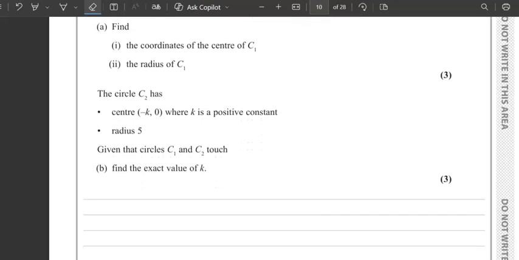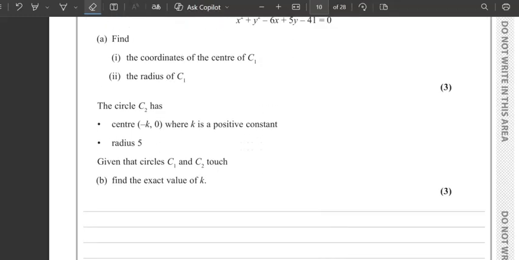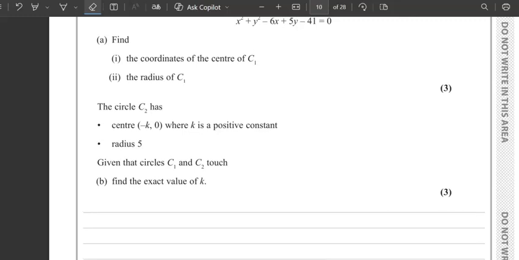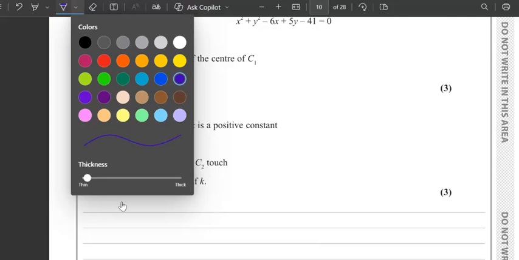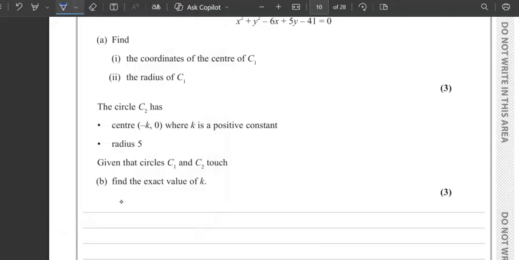Let's start with part A. Here's the equation. Part A (1).